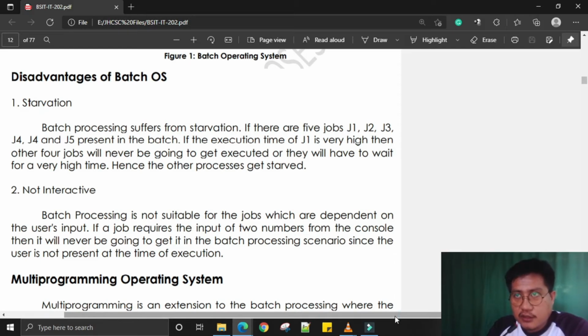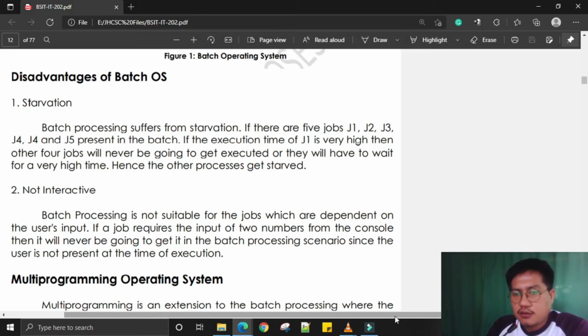If you say it's not interactive, you cannot manipulate the process, you cannot supply additional input or additional resources while the job is being processed. Before the job is processed, you have to supply all the information and resources needed for that job in the beginning, because when it is being processed, you cannot interrupt, interact with, or interfere with the process.